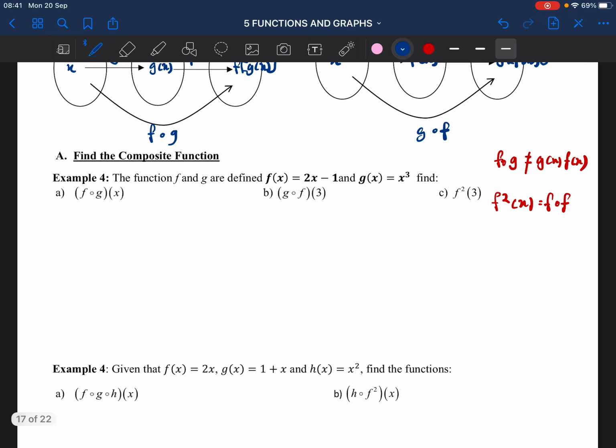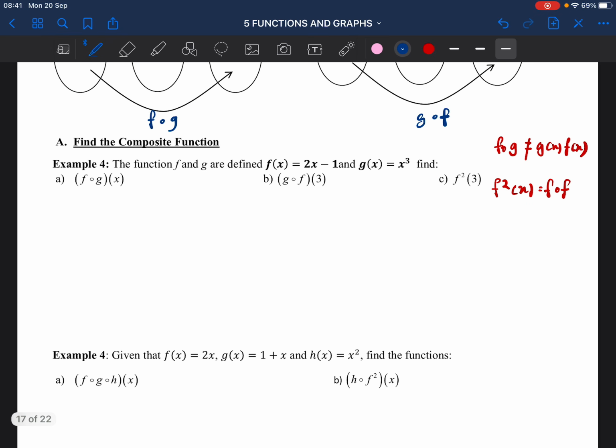So here we are going to find the composite function. We have the functions f and g given there, so we want to find f composite g. First we can change this into this thing here, so it's easy for us. So first write down your g(x). Kita akan mula daripada belakang ke depan. Okay, for composite, belakang ke depan.